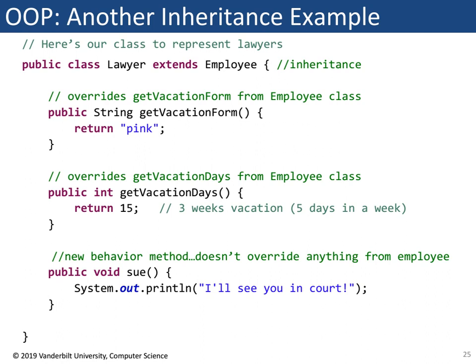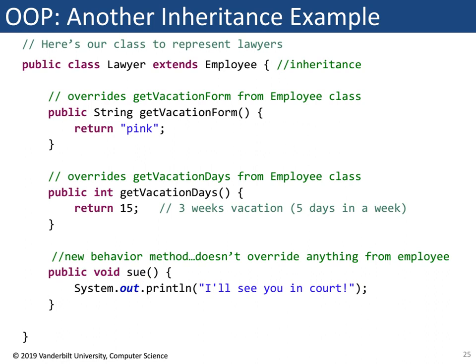We also need to override get vacation days because lawyers don't have 2 weeks, they have 3 weeks. To do that, we have to have the three requirements: same return type, exact same name, and exact same parameter list. So get vacation days, and for lawyers, that will return 15. Now, this is not overriding. It's a new behavior. So we're going to add a method called sue.